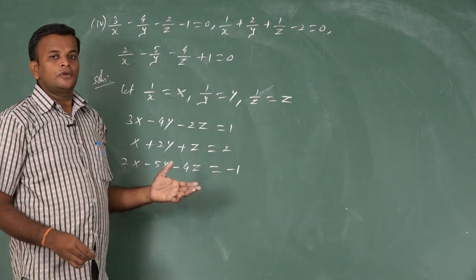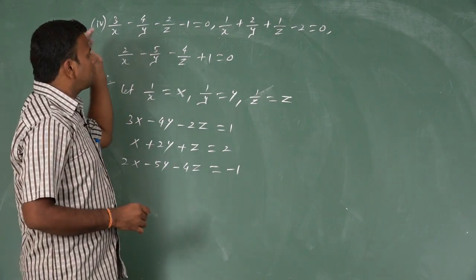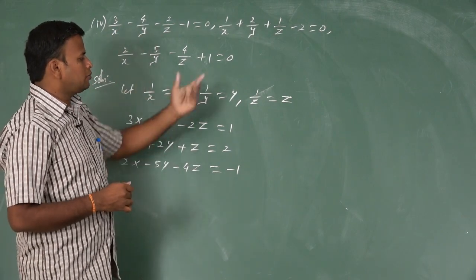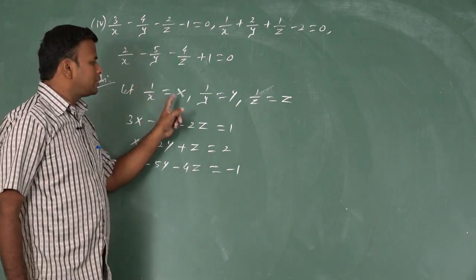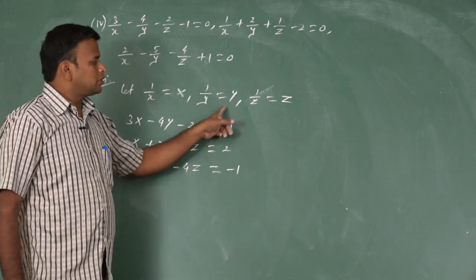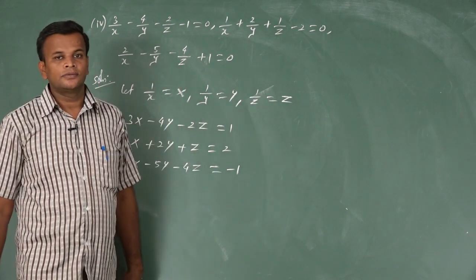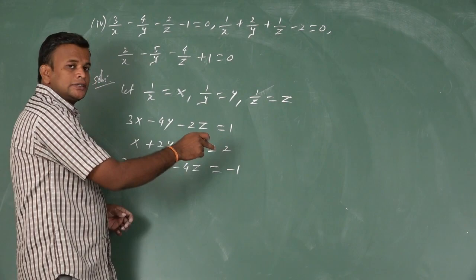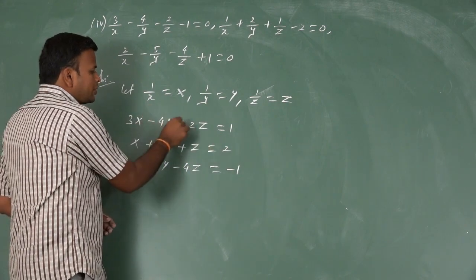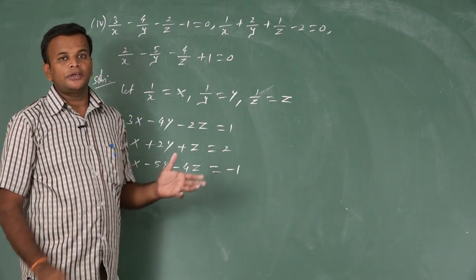So the first step is to convert the variables x, y, z lying in the denominator into numerator form using other variables. We take 1 by x as capital X, 1 by y as capital Y, and 1 by z as capital Z. Now we form the 3 equations. The variables capital X, Y, Z all lie in the numerator.